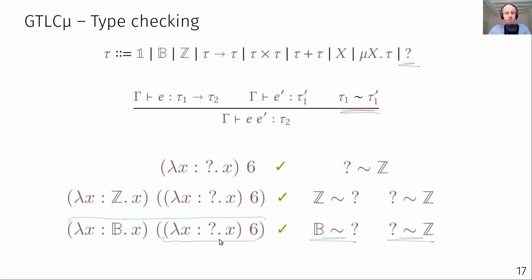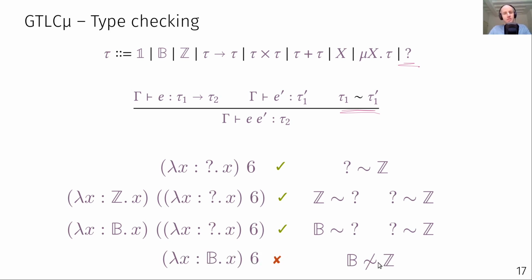We can expand it in a different way: we can have this thing at type unknown and apply it to the identity function at type boolean, because indeed boolean is consistent with unknown. As a counterexample, we can apply 6 to the identity function typed at boolean, but of course z is not consistent with boolean, and so this doesn't type check.